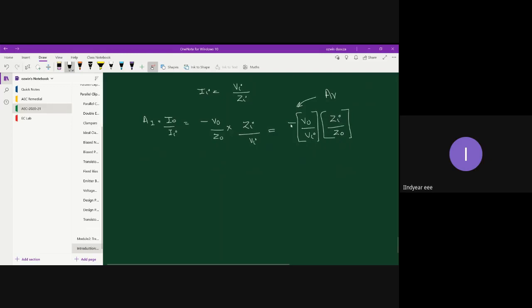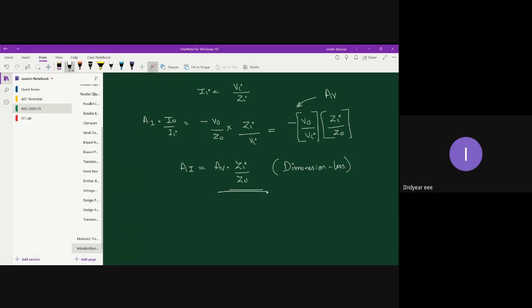So negative V naught by VI is AV. So you can write your current expression as AI is equal to AV times ZI by Z naught. And remember, the current gain is dimensionless because voltage by voltage is unitless, and impedance by impedance is again unitless. So this is dimensionless.